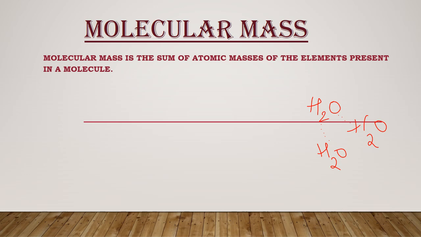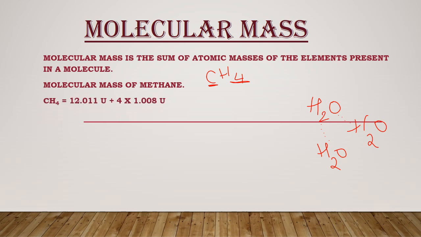To calculate molecular mass, we just need to add up the atomic masses of the elements present in that molecule. Say, for example, methane. The formula for methane is CH4. So to get the molecular mass of methane, we need to add up the atomic mass of carbon and hydrogen.